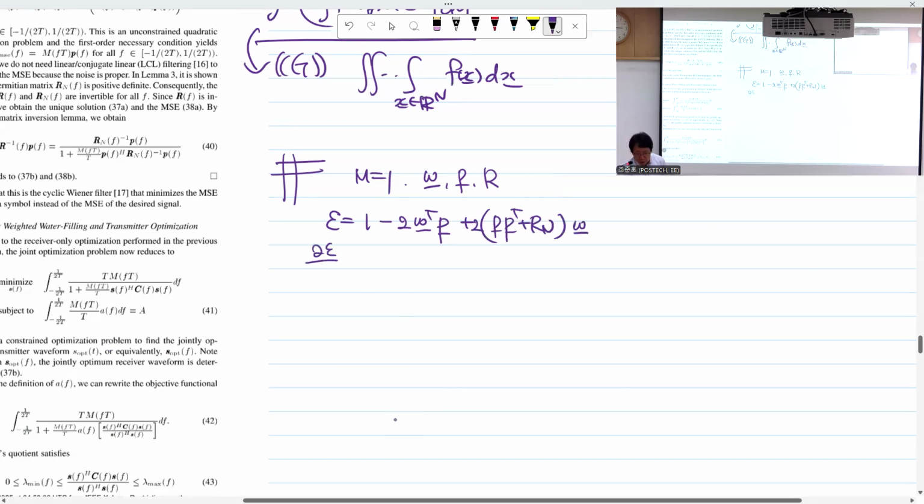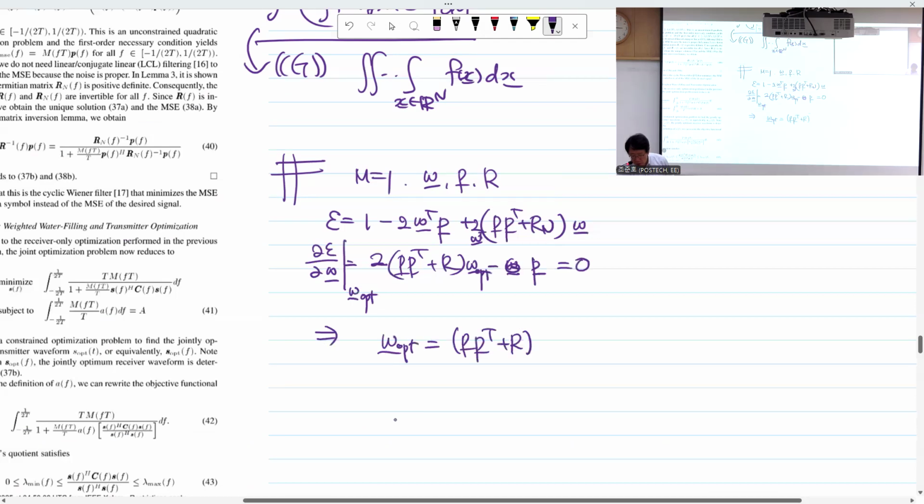So if you differentiate with respect to W, then you have 2 times P transpose R, W transpose W minus W minus P. And if you set this to 0, this implies W opt equals (PP transpose plus R) inverse P, right? This is a very, very famous result with all real valued things.